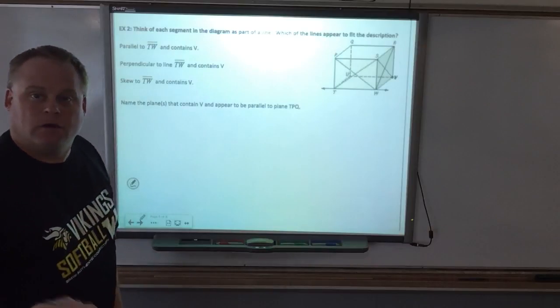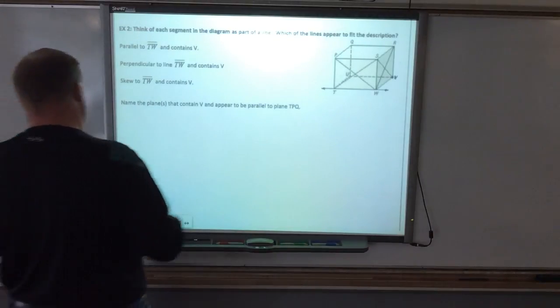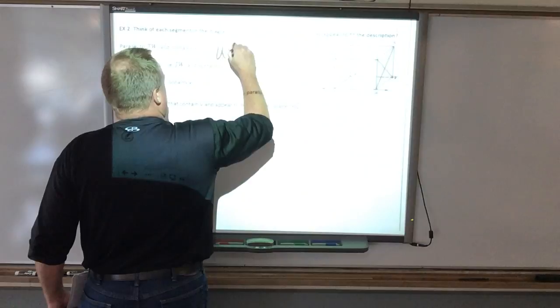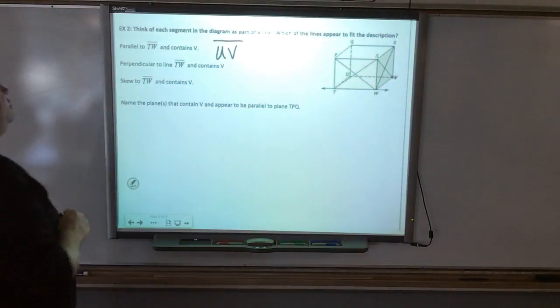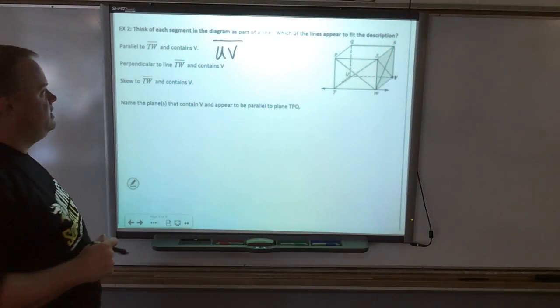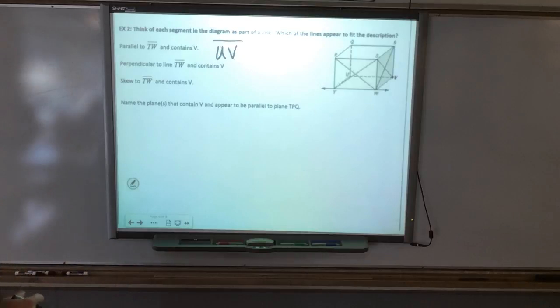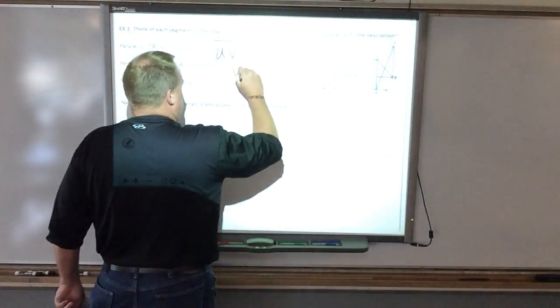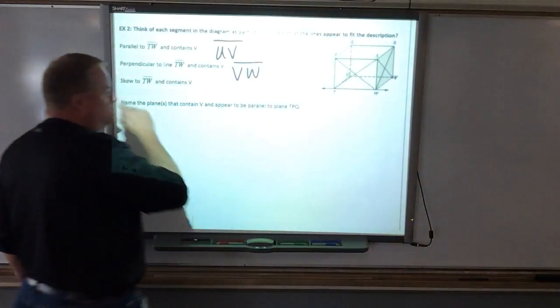All right, welcome back. Hopefully you got what I got. First one should be UV. Line segment UV, parallel to TW and contains V. Perpendicular to line segment TW and contains V. That would be VW.